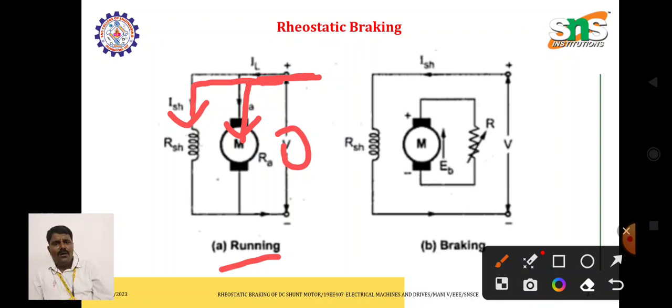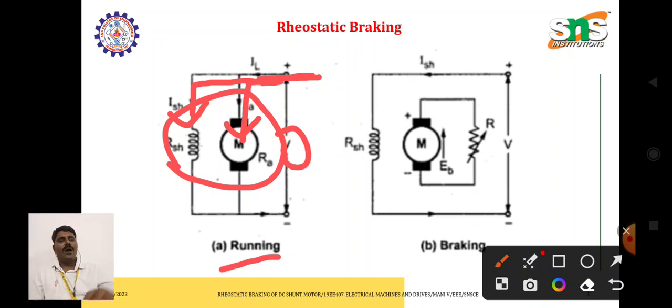So here we are exciting the field winding, and also providing current to the armature. Now this machine acts as a motor. During this running condition, the electrical energy is converted into mechanical energy, rotary motion. This is the normal operating condition of a DC shunt motor. It is called a shunt motor because the field winding and armature are connected in parallel.